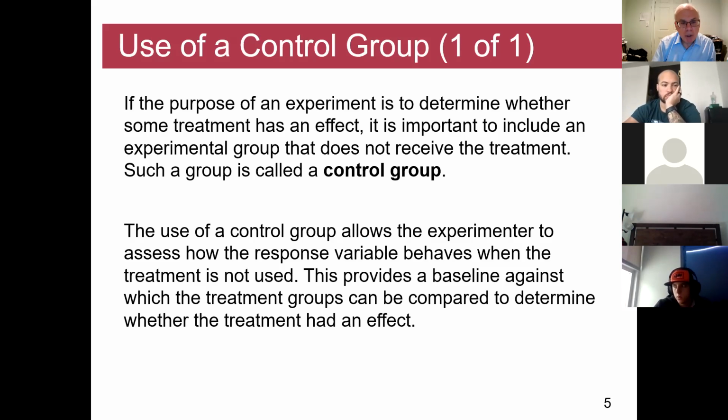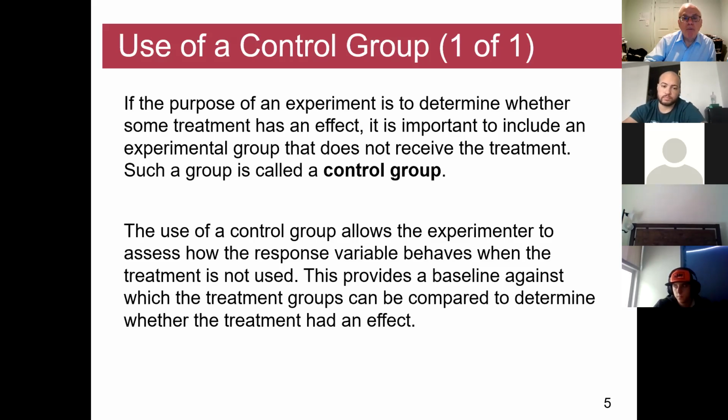Let's say it's a pill that has the active ingredients, but this pill does not have the active ingredients, and it tastes exactly the same. So there's no way that the person receiving that pill will know whether it's the real drug or something else that doesn't have any active ingredients. So this group that has that something else is called a control group.